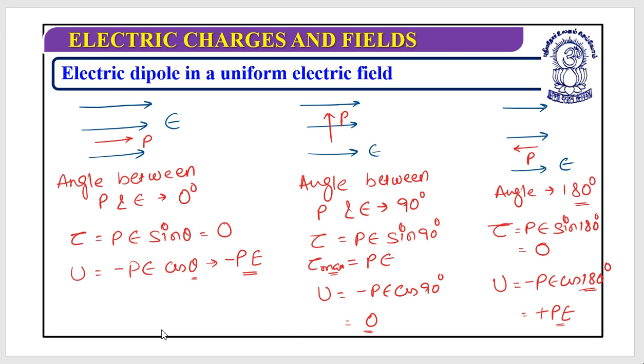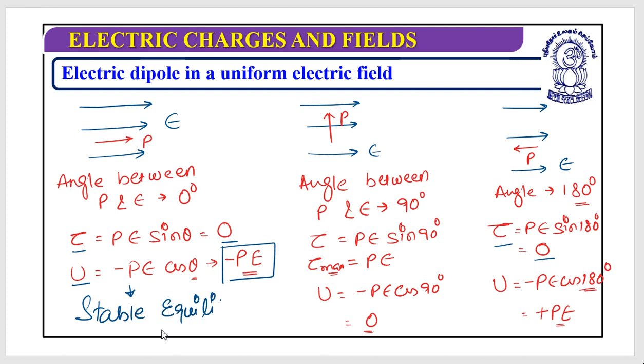I mean, we are talking about rotational equilibrium. So here torque is 0. Even in this case torque is 0. Here the potential energy is minimum. When potential energy is minimum, your system, here your dipole, is in stable equilibrium. Do remember this.